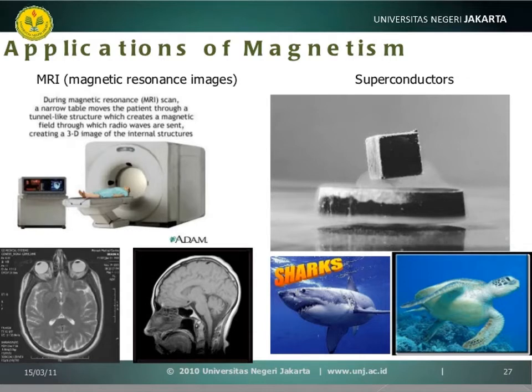See here, these are the applications of magnetism. In an MRI scan, magnetic resonance imaging, in cancer patients, the MRI scan is very important to detect cancer cells. So it is used in medical fields also.